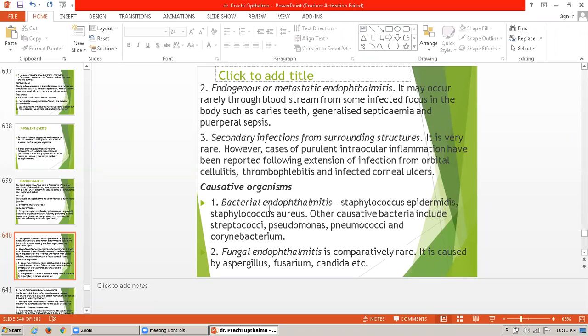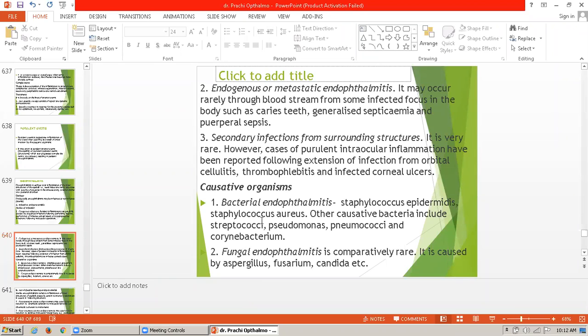First is bacterial endophthalmitis. There is staphylococcal infection, that is Staphylococcus epidermidis and Staphylococcus aureus, and other causative bacteria include streptococci, pseudomonas, pneumococci, and corynebacterium.